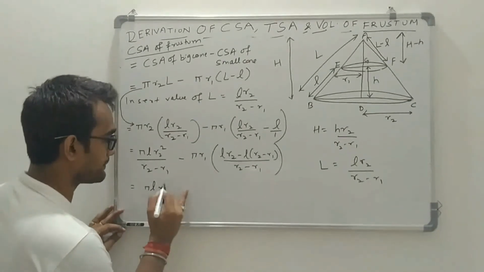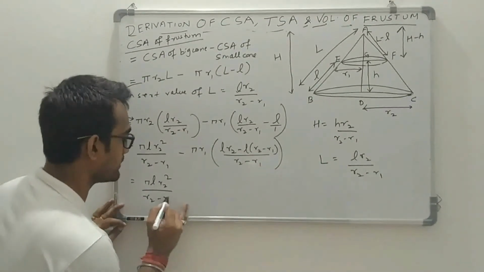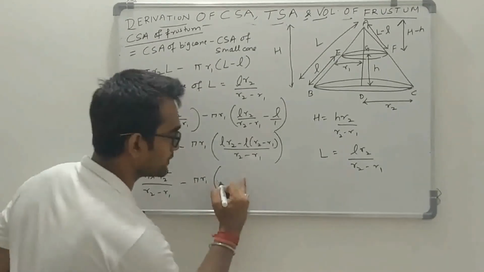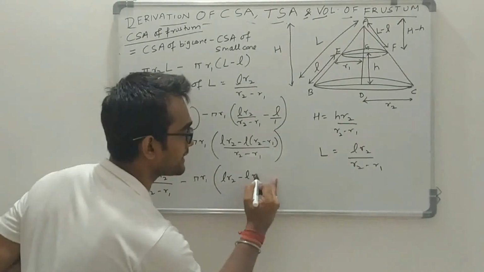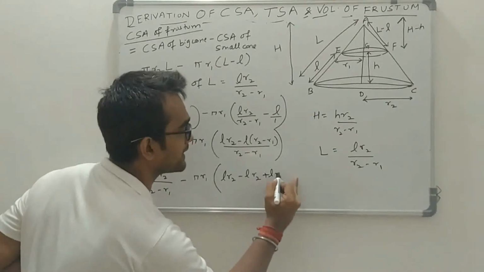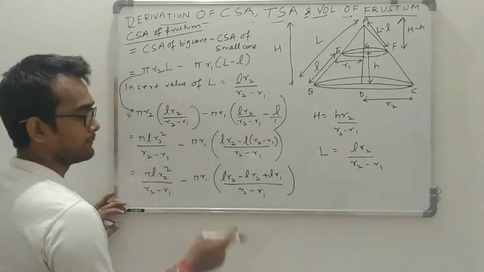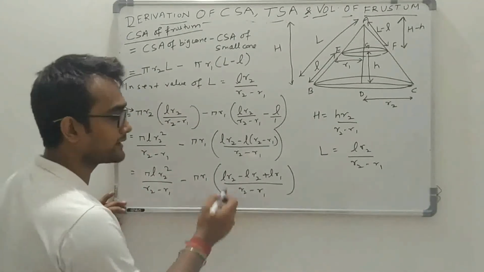Solving further, we will get pi R2 square upon R2 minus R1 minus pi R1 into L R2 minus L R2 plus L R1 upon R2 minus R1. Plus L R2 and minus L R2 will get cancelled.